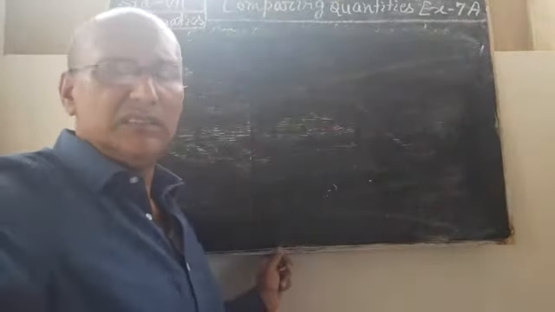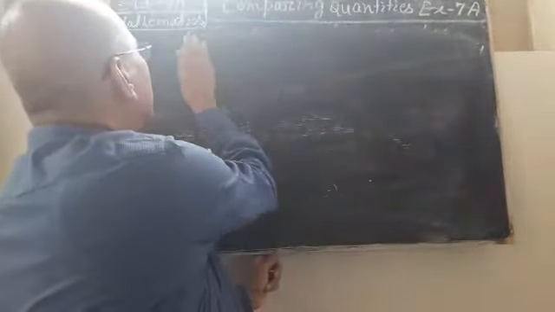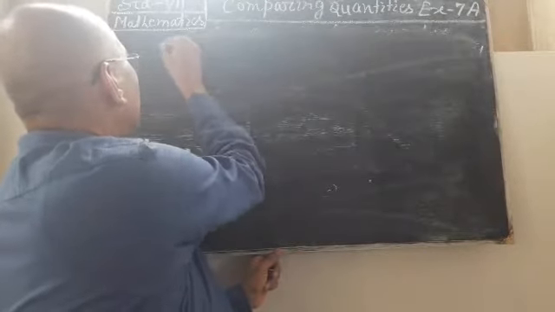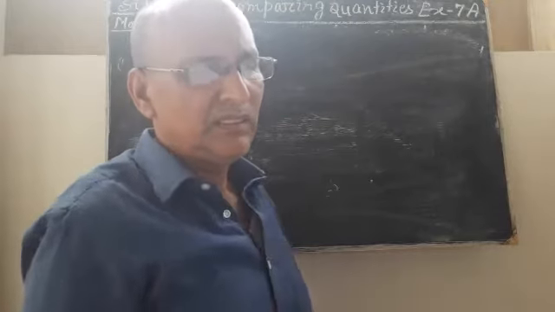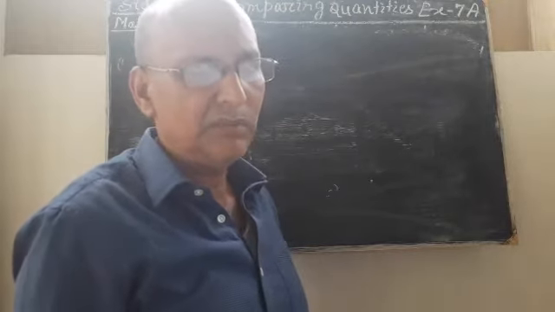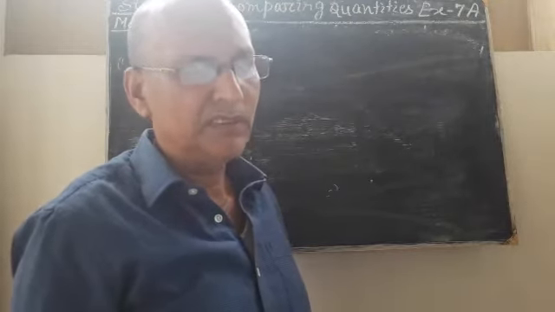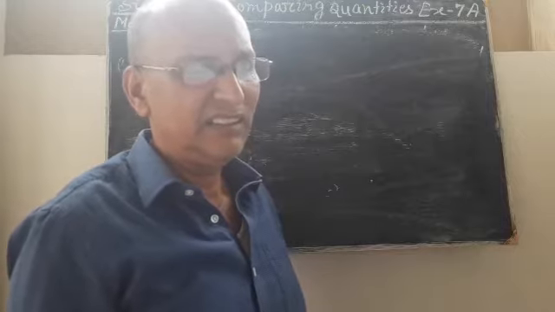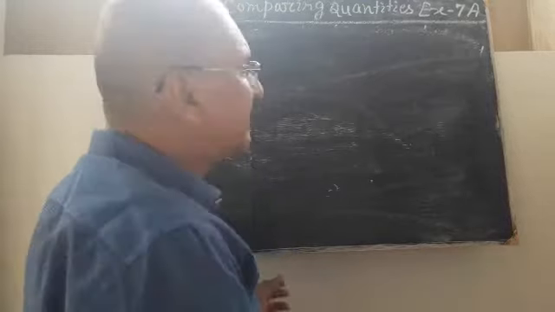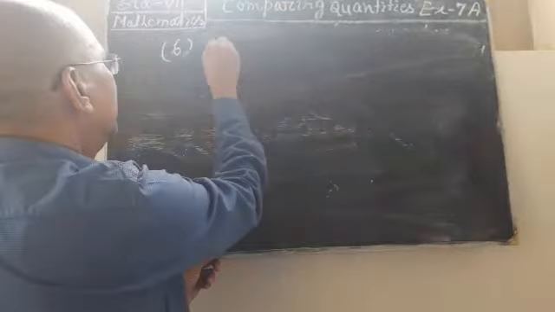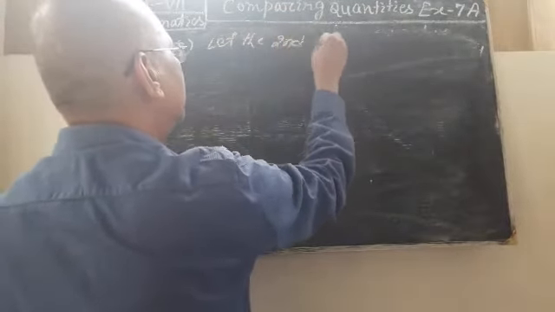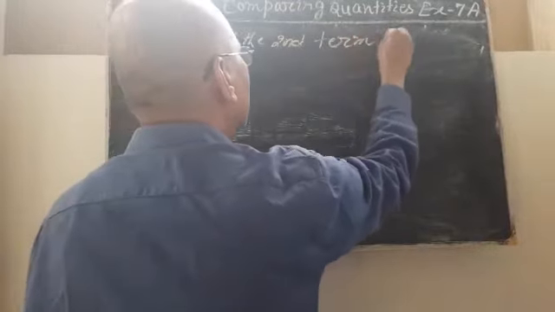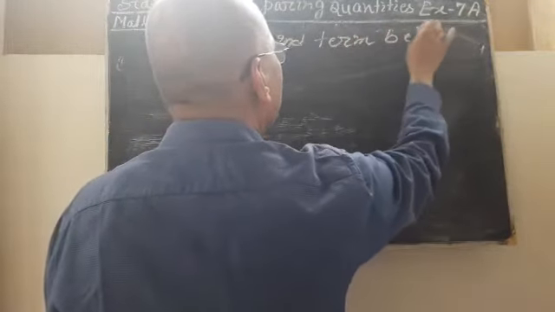The second one, problem number 6: the first, third and fourth terms of a proportion are 6, 9 and 36. Find the second term. Let the second term be x.